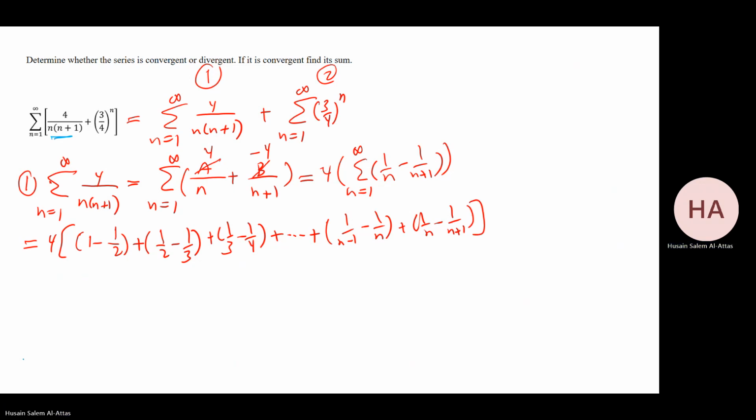So the middle terms cancel, and I have 4 times 1 minus 1 over n plus 1. This is Sn.